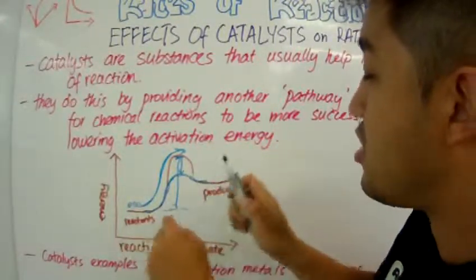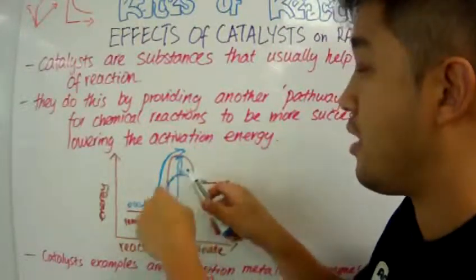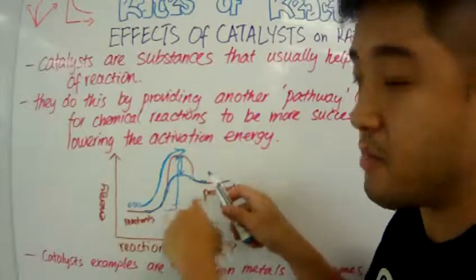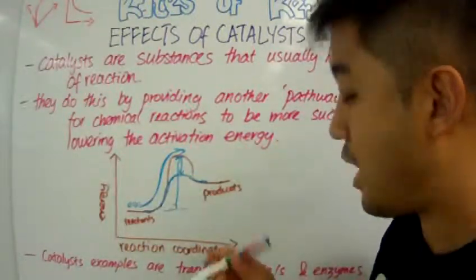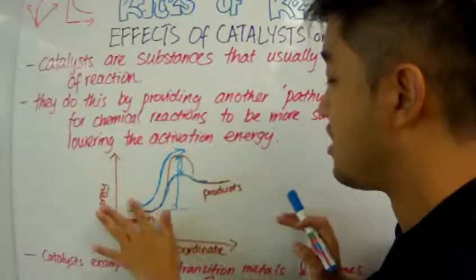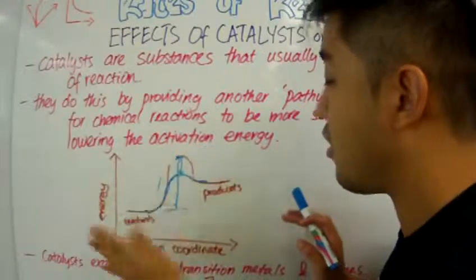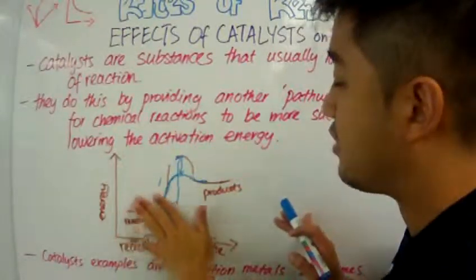And so collisions involving catalysts may help to make products more readily because of this lower activation energy. Other instances where a catalyst is helpful is, of course, endothermic reactions with high activation energy.